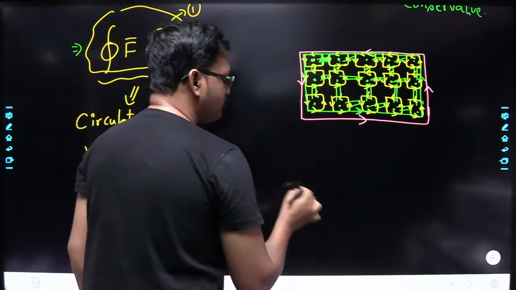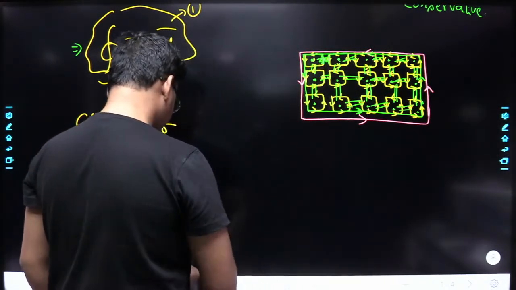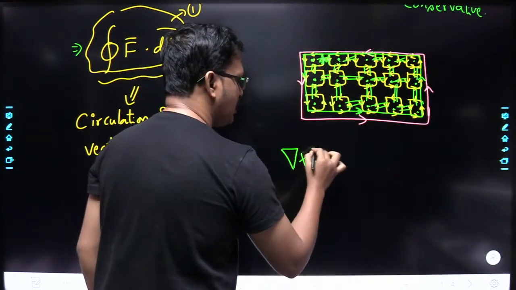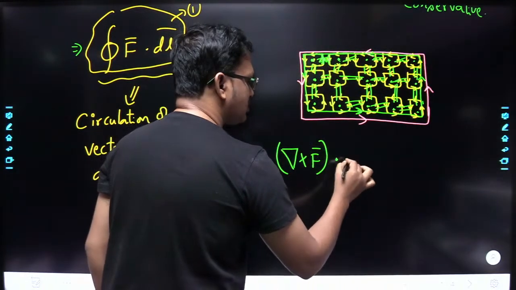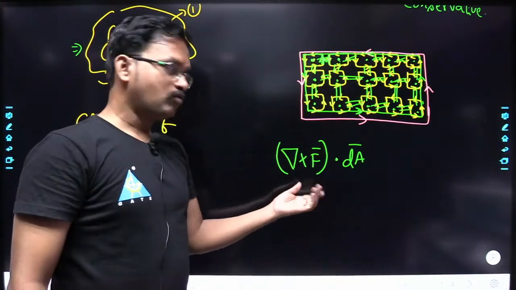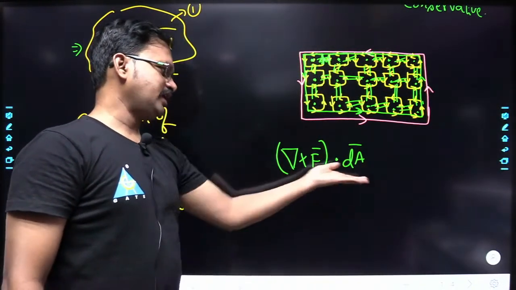Okay, so if you consider a small differential area, and if you add up the curls over that small differential area, I can represent that as del cross f bar dot dA bar. So if you add up the curls over a small differential area dA bar, then I can represent it in this manner.